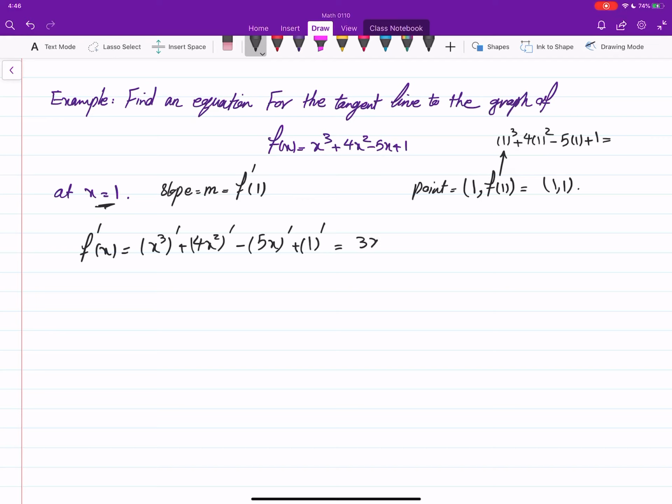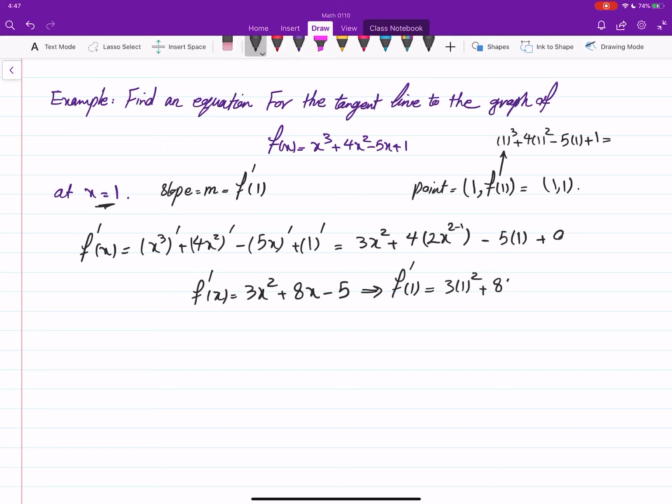So this will be 3x squared plus 4 times the derivative of x squared, which is 2x, minus 5 times the derivative of x, which is 1, plus 0. This computation shows us that this is 3x squared plus 8x minus 5. Now we have to plug in 1 for x. It is 3 times 1 squared plus 8 times 1 minus 5. 3 plus 8 is 11, minus 5, this is 6.